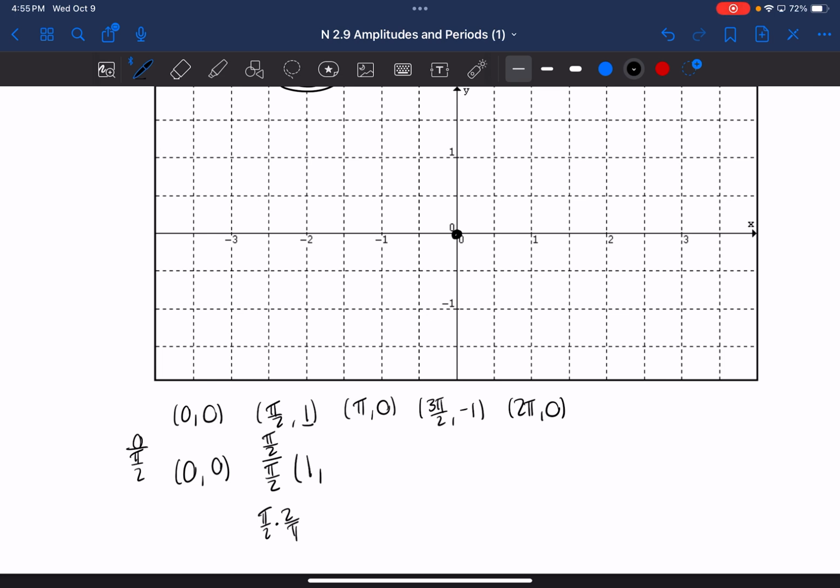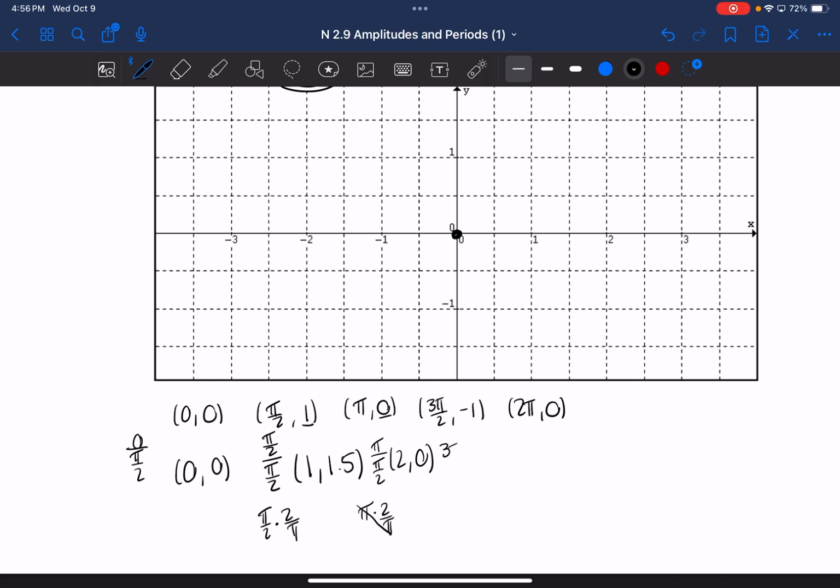Then I multiply my 1 by my a value of 1.5, so that becomes 1.5. Then I have to take my pi and divide by pi halves, or in other words, pi times 2 over pi, where my pi's divide out, and I'm going to be left with 2. And then 0 times anything stays 0.